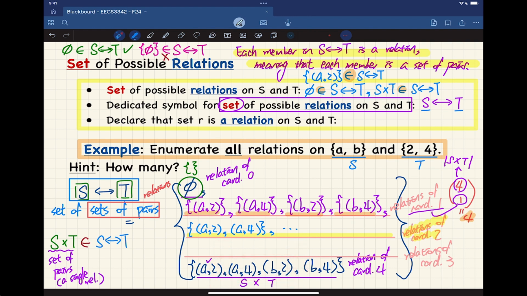As you said, 6, but I'll write it down. So this will be basically 4, because we got 4 members in the cross product, and choose 2 of them and make out a relation. That will be exactly 4 times 3 divided by 2, which will be 6. That's exactly right. 6. I hope we are fine, right?